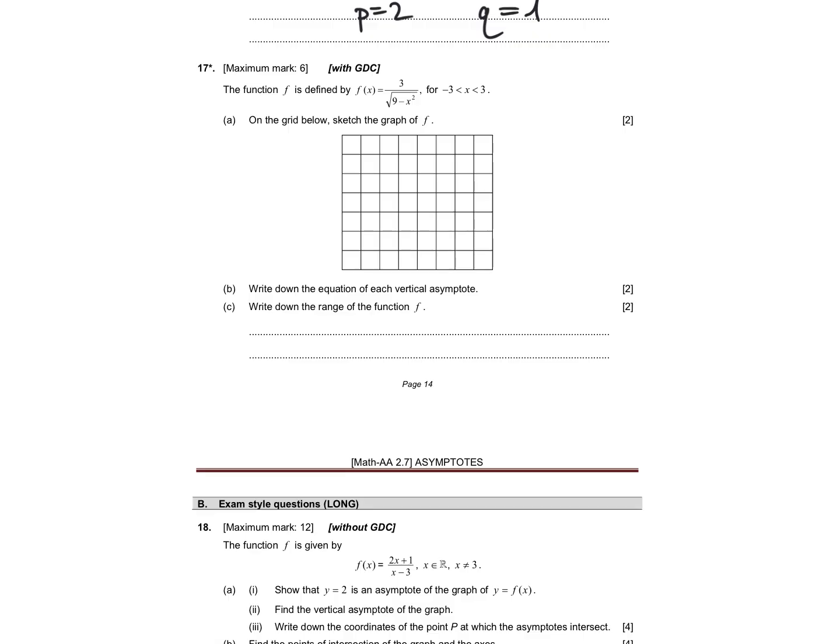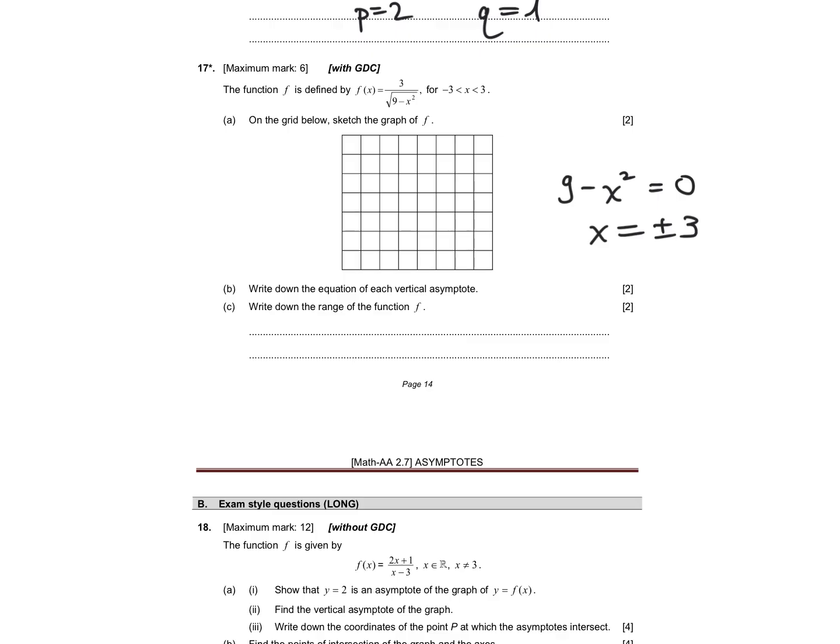17. The function f is defined by that. On the grid below, sketch that. Okay, so if we have 9 minus x squared equals 0, we're going to have that x is plus or minus 3. Those are our asymptotes. And then our horizontal should be 0.